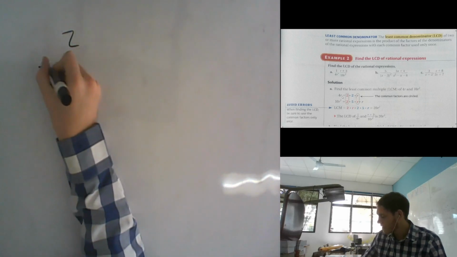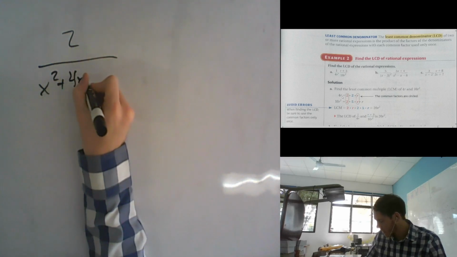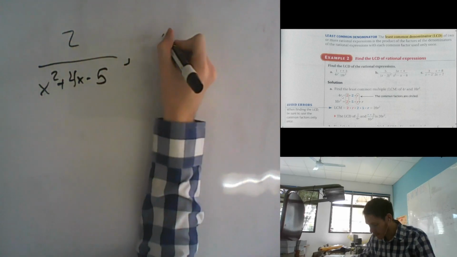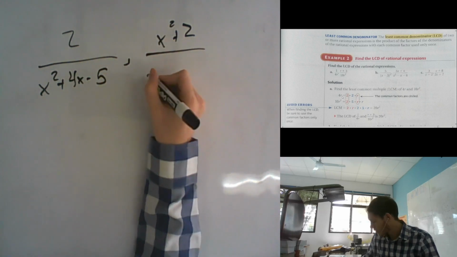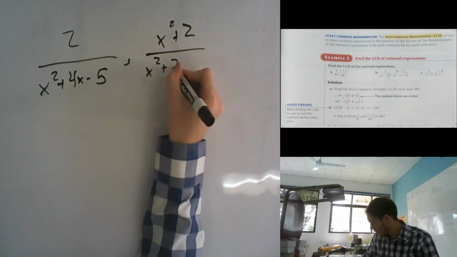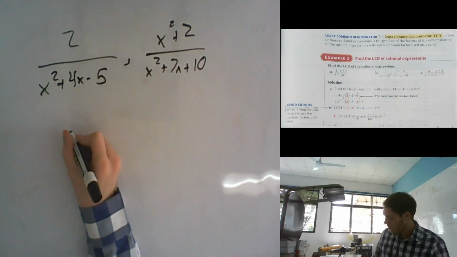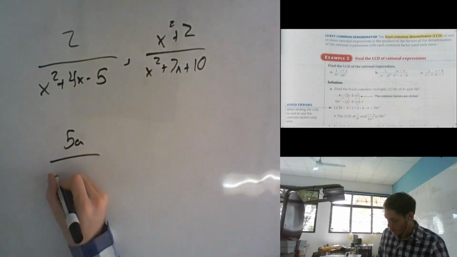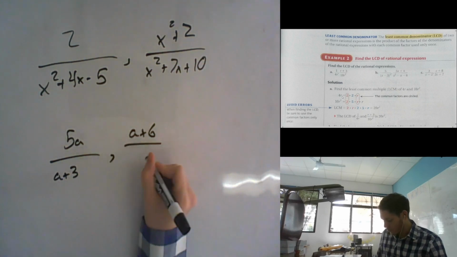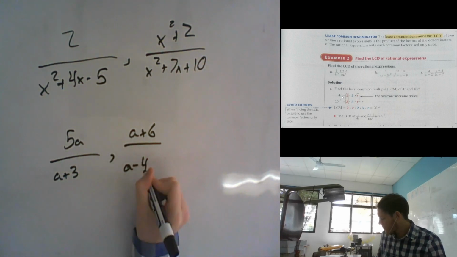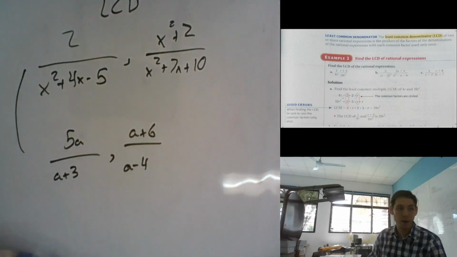So what's the least common denominator of x squared plus 4x minus 5 and x squared plus 7x plus 10, and 5a over a plus 3, a plus 6 over a minus 4? So we're finding the least common denominator for these two problems.